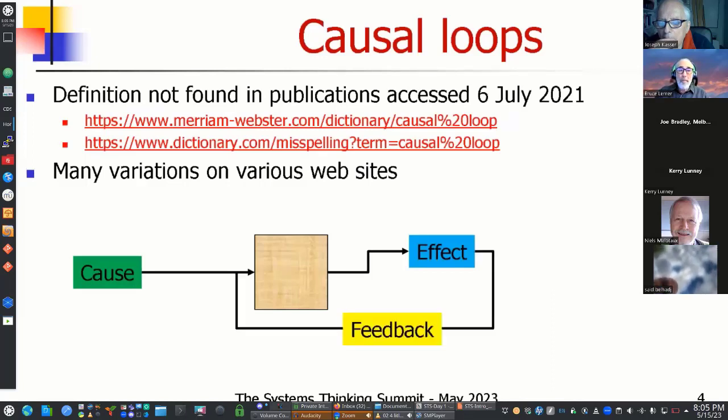It provides feedback. So the effect also goes back to the input. And sometimes there's a delay. Sometimes it's instantaneous, sometimes it's a delay, both in cause and effect and in the feedback. If I punch you on the nose, you will feel it instantaneously. Oh, let me tell the story.